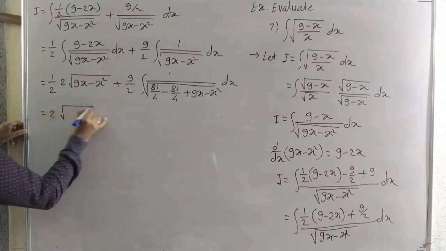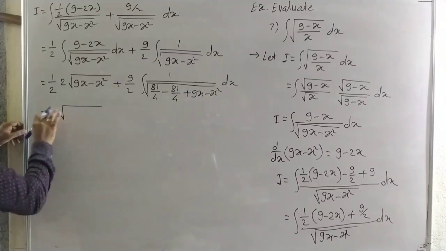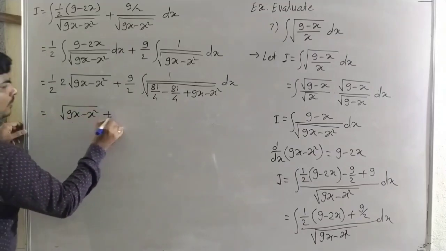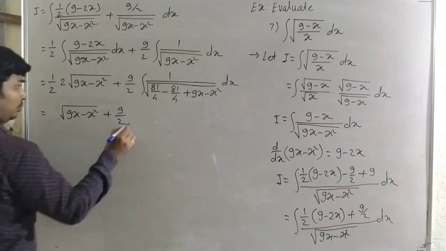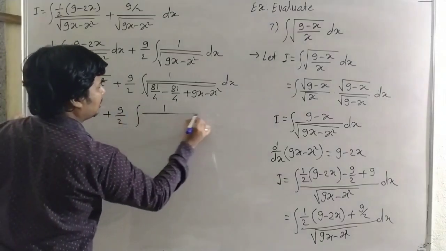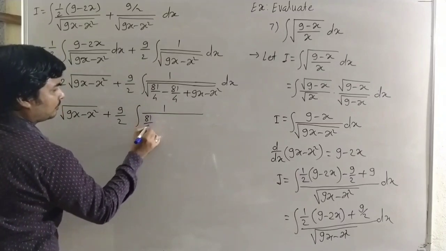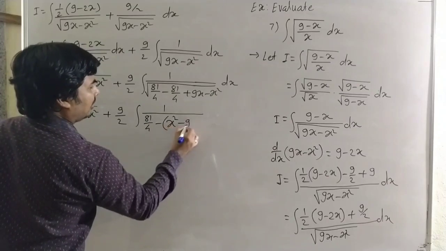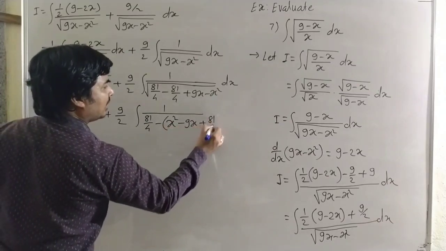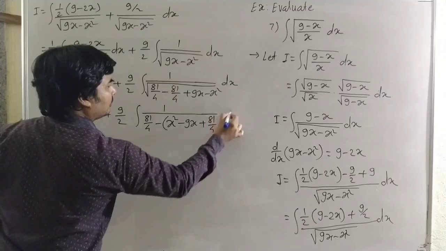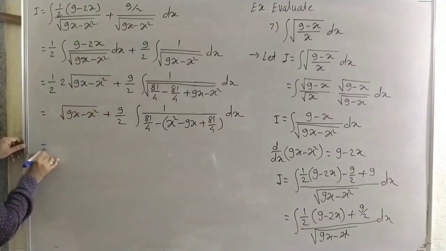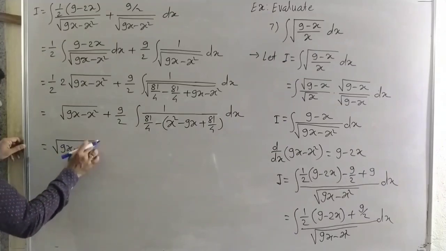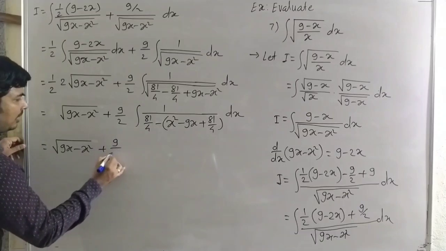Here it is only under root 9x minus x square, plus 9 by 2 into the integral of 1 upon, see carefully, 81 by 4, and we take minus common in the three terms, that is x square minus 9x plus 81 by 4, dx.